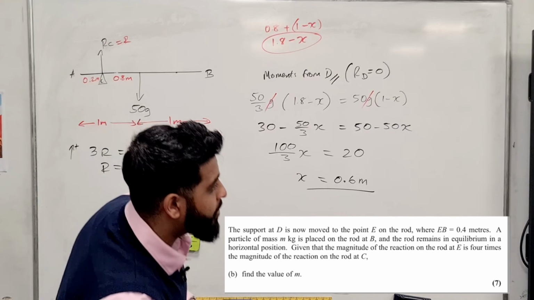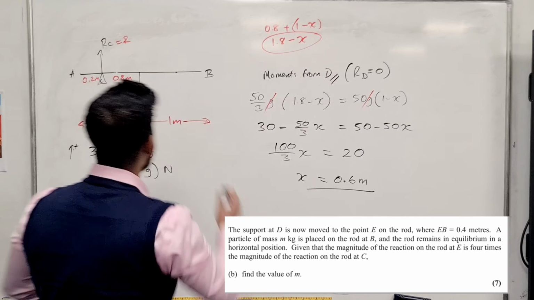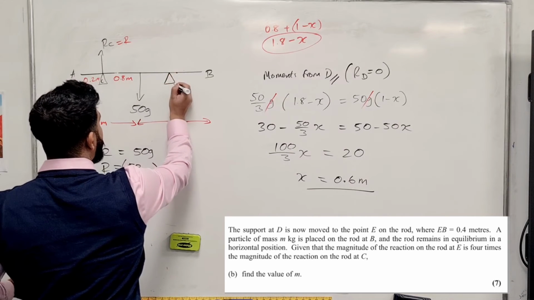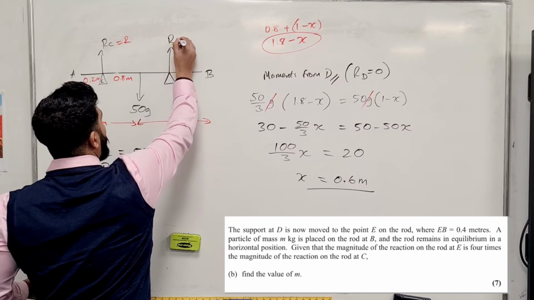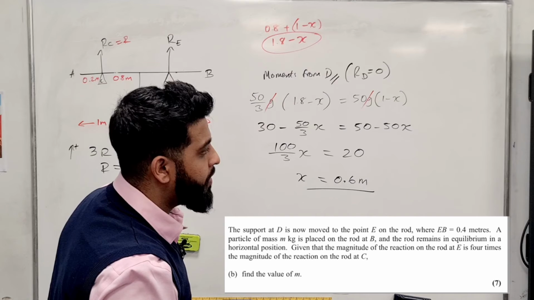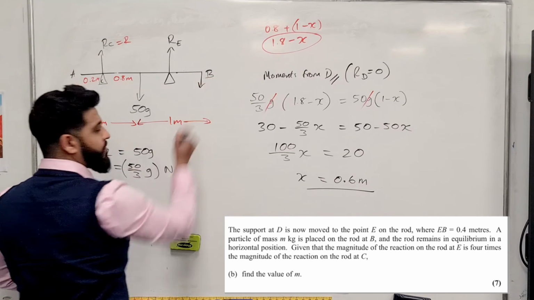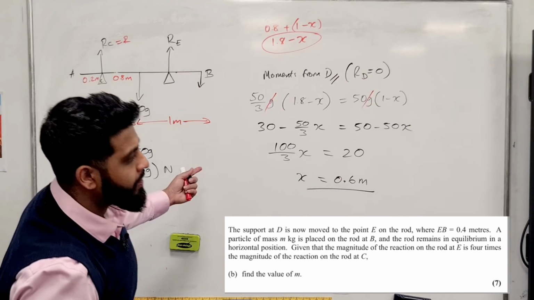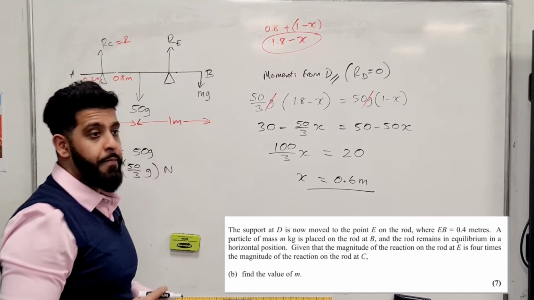So what happens? The support is now placed at point E on the rod. Let's just write E here, and this is going to be RE. Okay? There's a new place where it's gone. And it's also placed a mass right there. That mass is unknown, so we're going to call it mg.